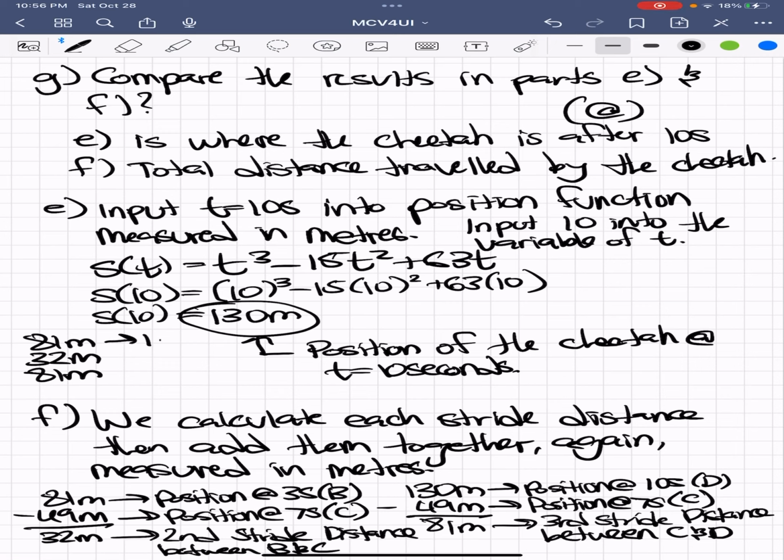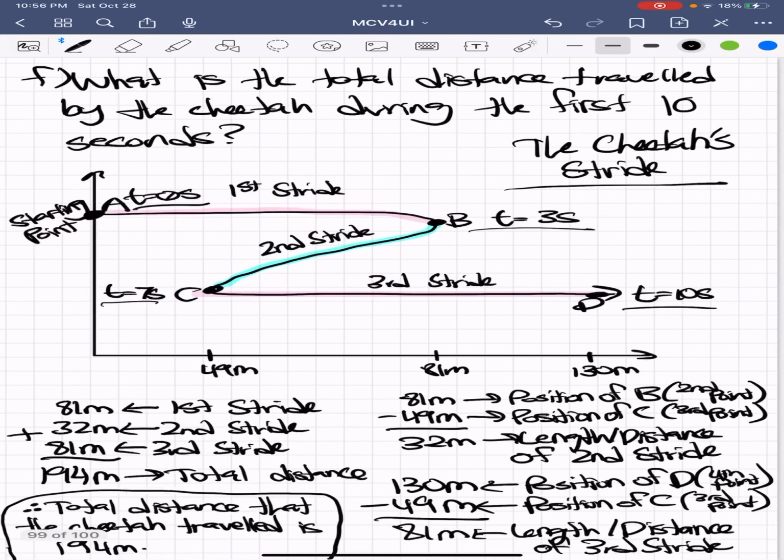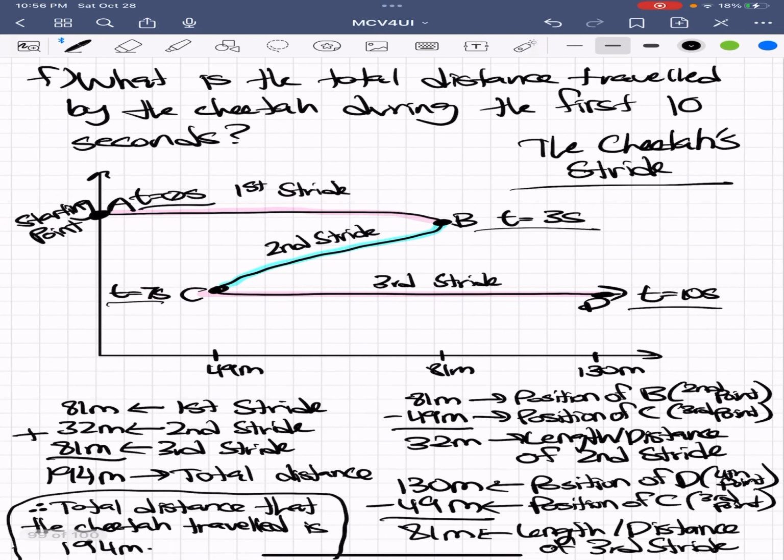That one we got easily, because if we go back to the diagram, we have points from A to B, and that's 81 meters. So that's how we got the first stride.